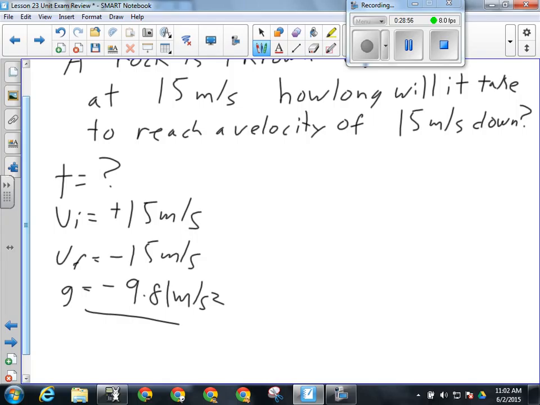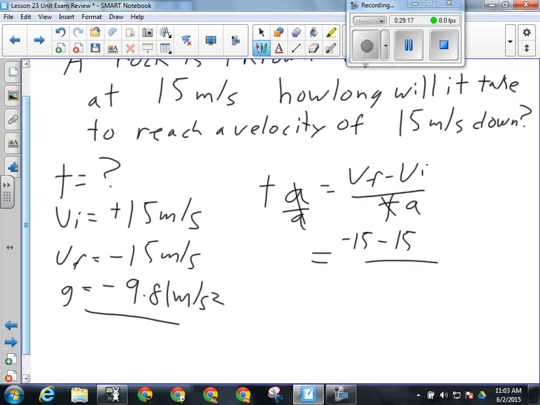So here's what I've got. A equals VF minus VI over T. And I'm trying to solve for T, so what do I do with T? Now what do I do with A? VF is negative 15 minus 15 over negative 9.81.